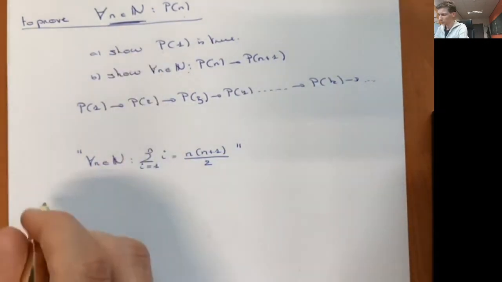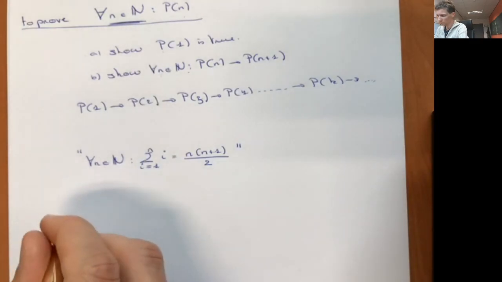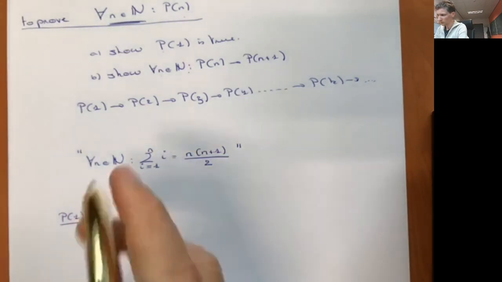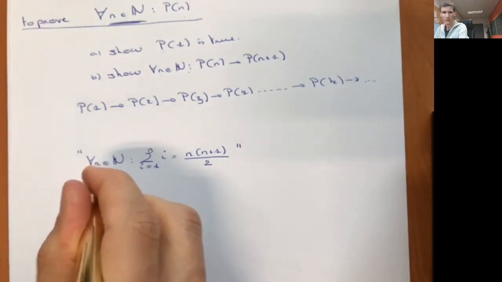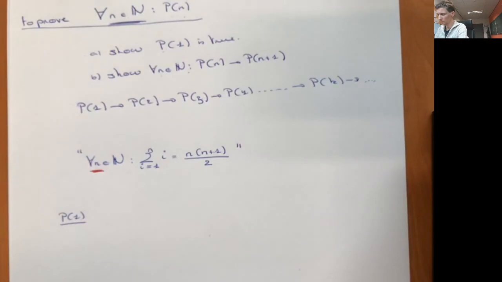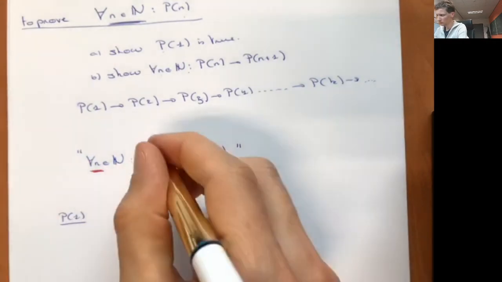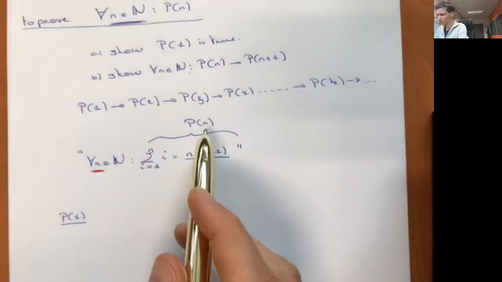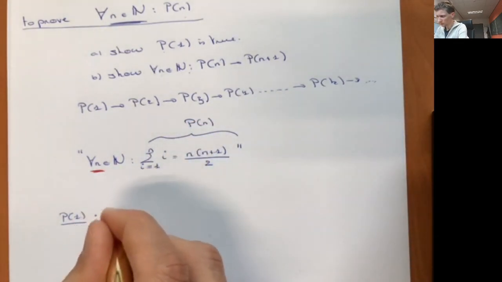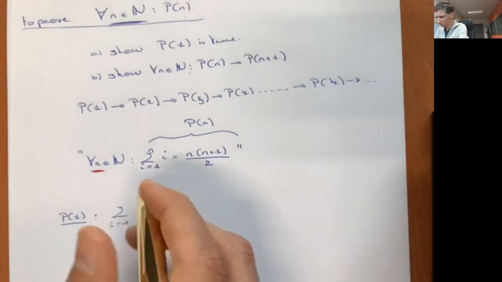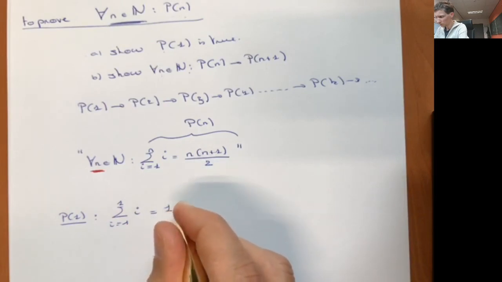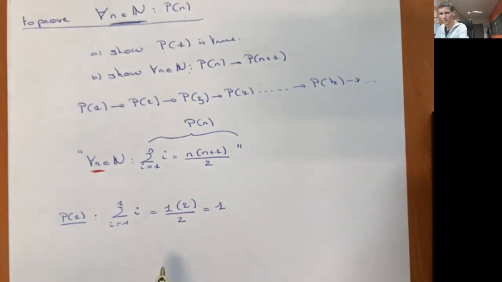So for A, we're going to show that P1 is true. So here 1 is in place of n. Okay, so if I plug 1 into the formula here, this is my P(n). Instead of n, I plug in 1, and I have to show that if I sum i from 1 to 1 of i, I get 1 times 2 over 2, which is equal to 1.